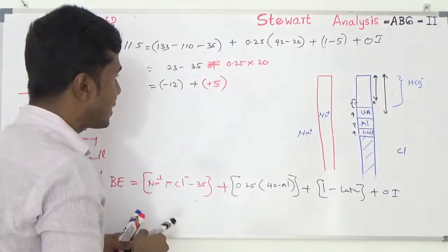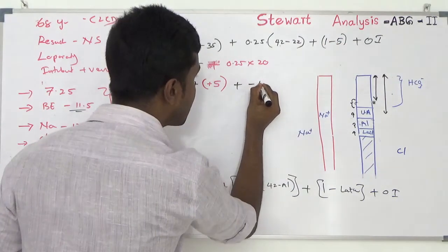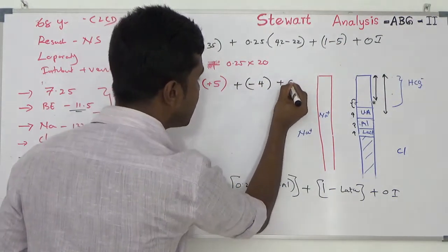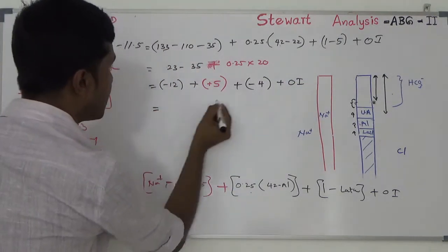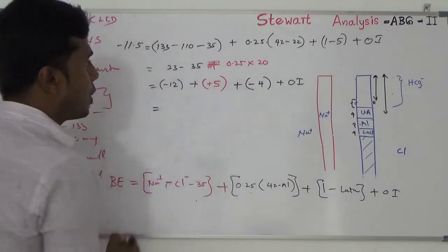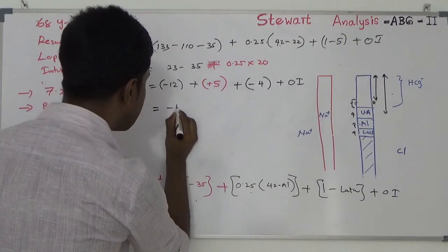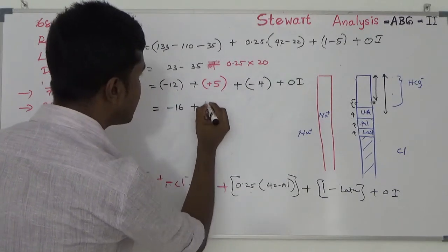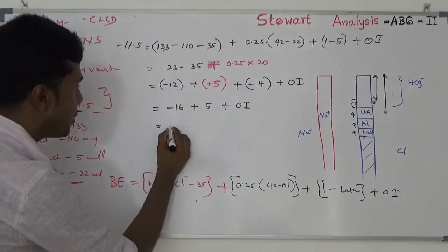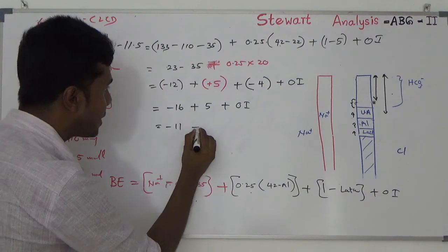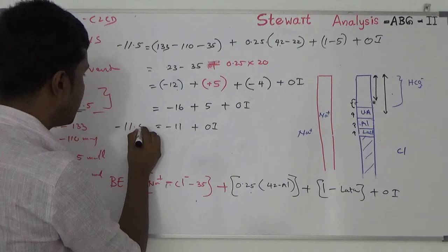We will see the lactate effect. Lactate effect minus 4 is there, and other ion effect. Now minus 12 plus minus 4, minus 16 is there. Plus 5 plus other ion effect. Here minus 11 plus other ion effect equals minus 11.5.